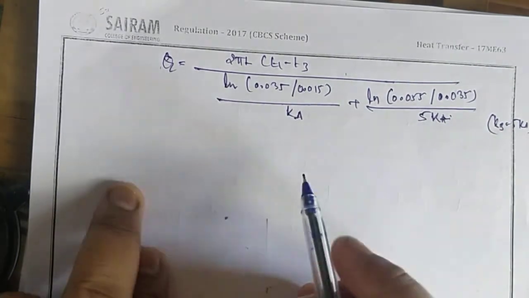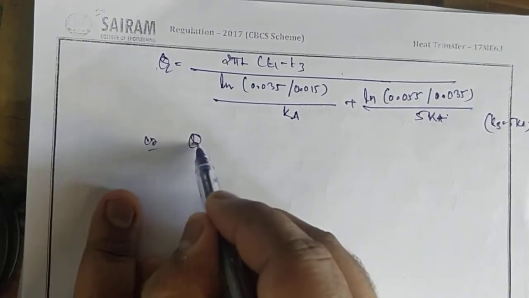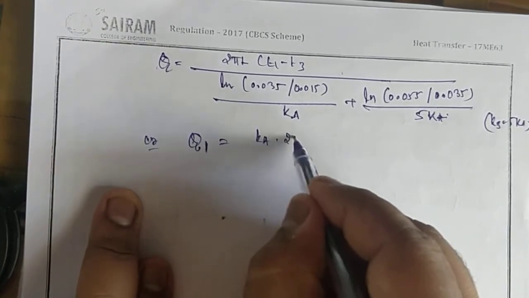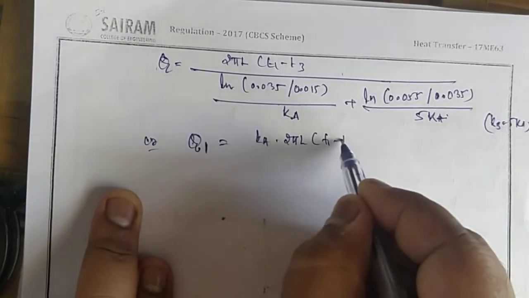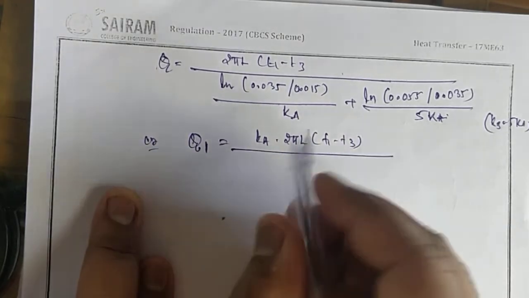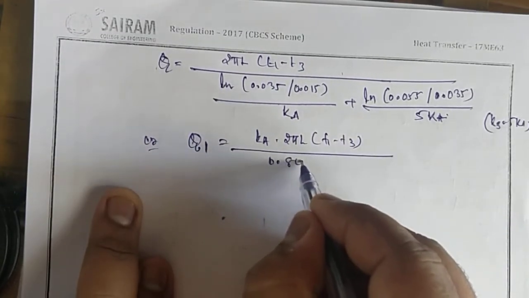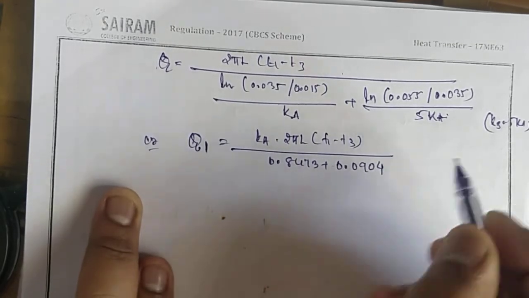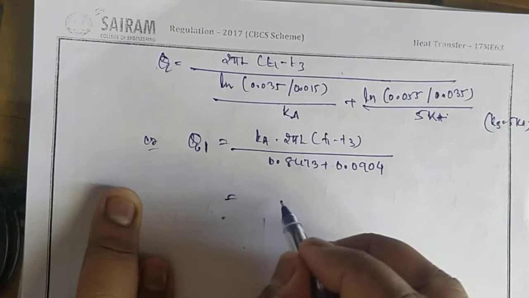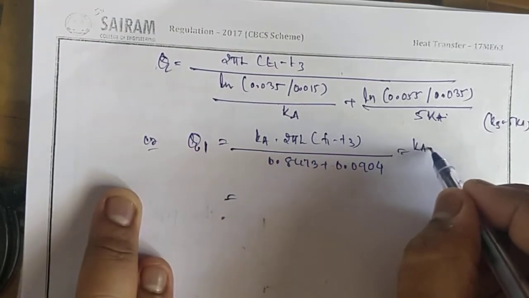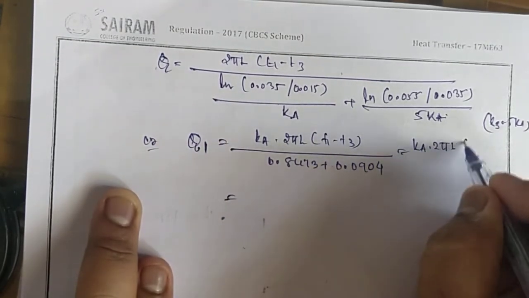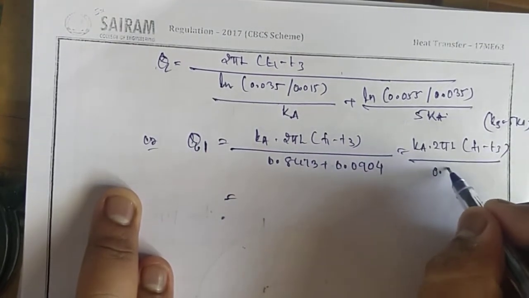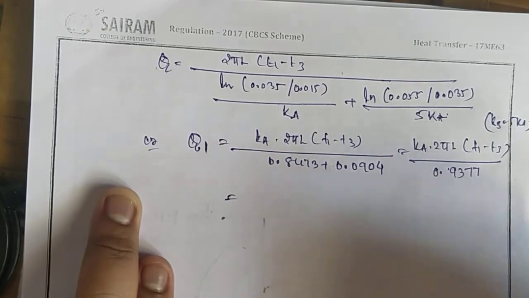Now we can write Q1 is equal to Ka 2 pi L (T1 minus T3) divided by 0.8473 plus 0.0904, that is Ka 2 pi L (T1 minus T3) divided by 0.9377.